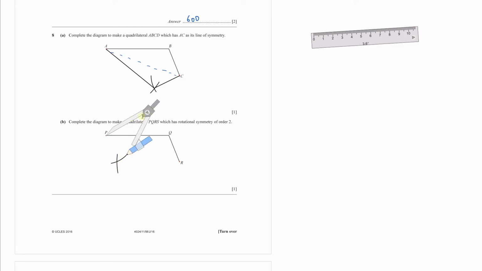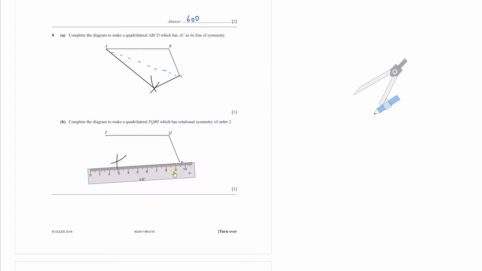So this point is the point S, and then we can simply place our ruler here to draw this line.